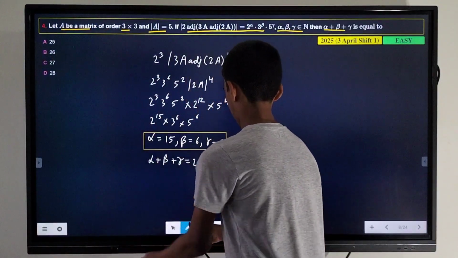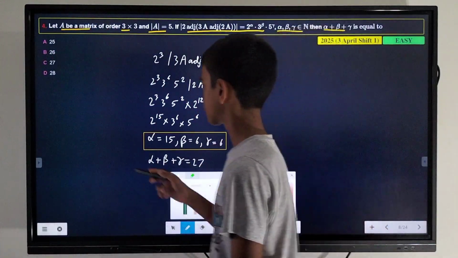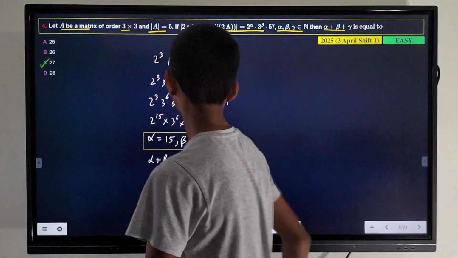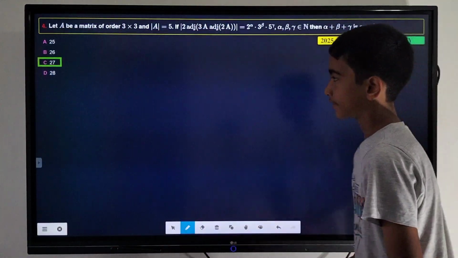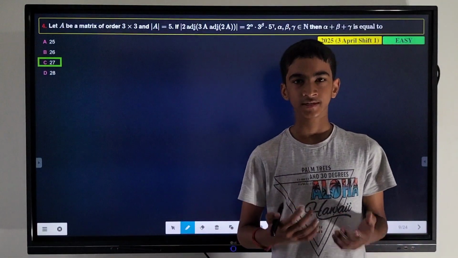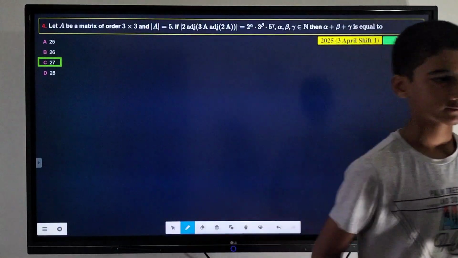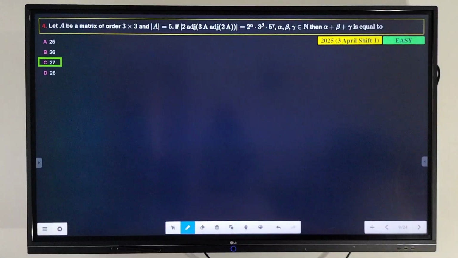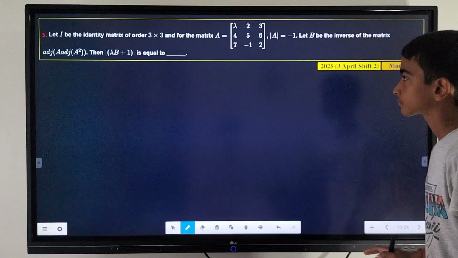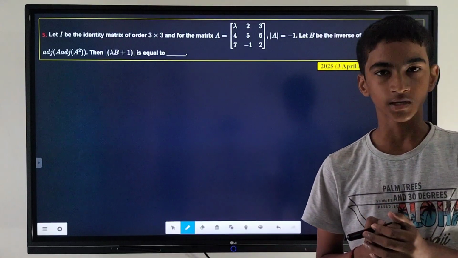From here, our option C is correct. And here is our solution, and we can see that our answer is correct. Here is our next question now.